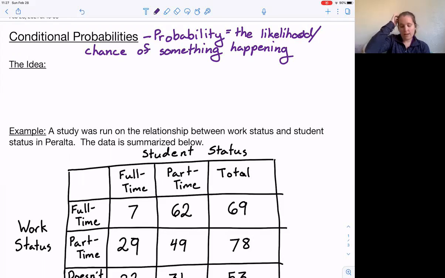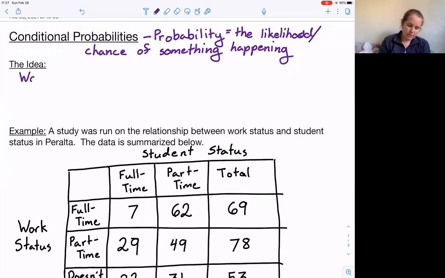So the idea here is sometimes we don't want to know the percent chance or the probability of something happening out of the total population. Sometimes we want to focus on a specific subgroup.